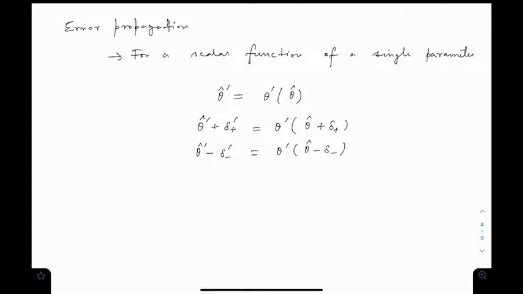And we have assumed that theta prime of theta hat is monotonically increasing. If it is decreasing, the arguments of theta prime have to be interchanged.